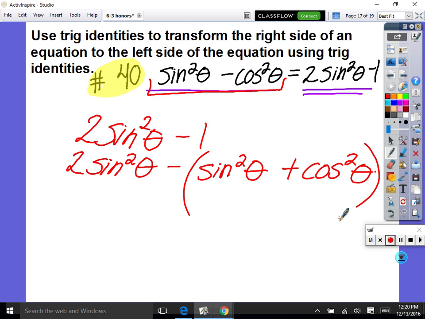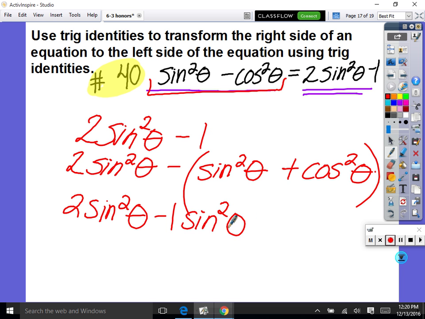So there it is. Now we'll distribute our negative through. So we have 2 sine squared thetas, and then minus 1 sine squared theta, and then minus 1 cosine squared theta. The reason I'm writing in those ones is to remind you of what we can do here. 2 apples minus 1 apple is how many apples?